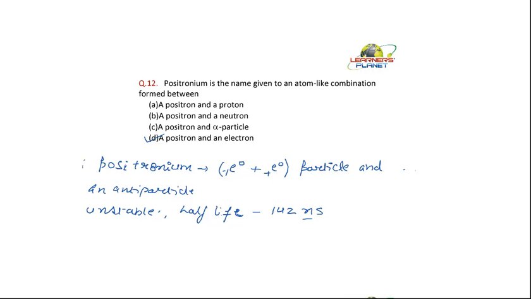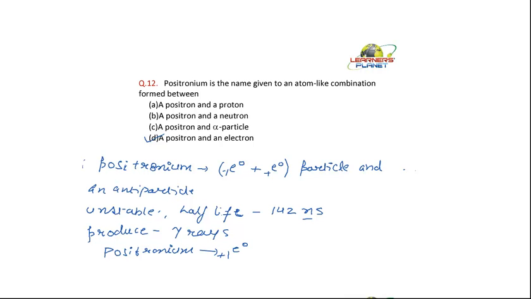Now these produce gamma rays. That is, a positronium is disintegrating and producing what?